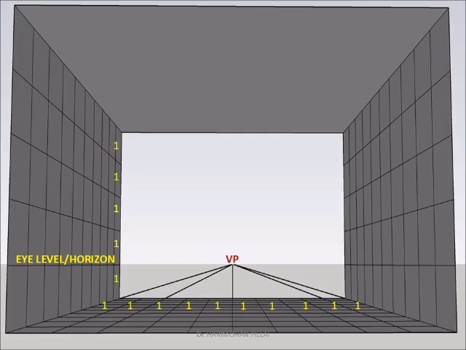You can draw this with the eye level close to the bottom. So for convenience, I have marked 5 ones, that is units, on the vertical wall on the left. So you can see that this eye level is actually 1 unit above the ground, or whatever eye level you want.